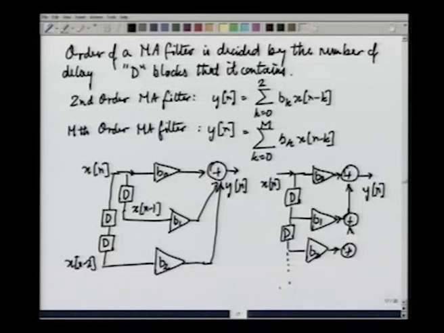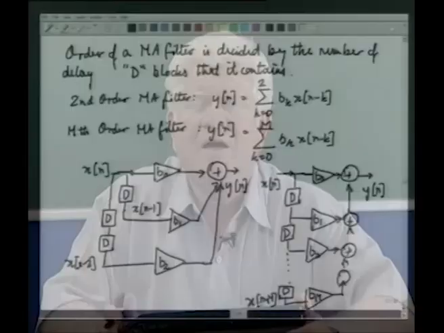You go down like this and you have the last delay, and the output of this delay would be x n minus capital M. This would go to b M and would go to a summing block which adds it to the previous one. This now is an mth order moving average filter.